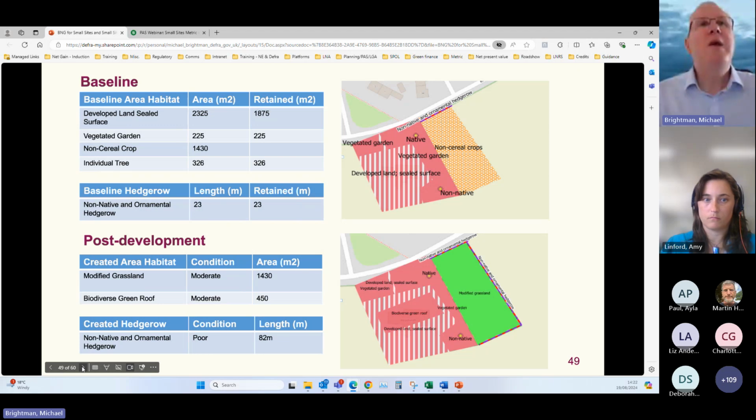There's also 23 metres of non-native and ornamental hedgerow at baseline, which is going to be retained. Post-development, we create modified grassland, and we also create biodiverse green roof, and we add 82 metres of hedgerow.